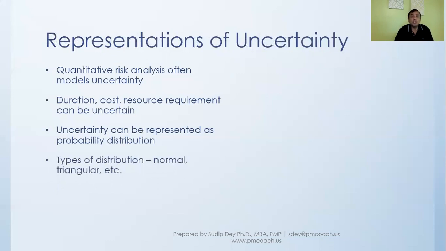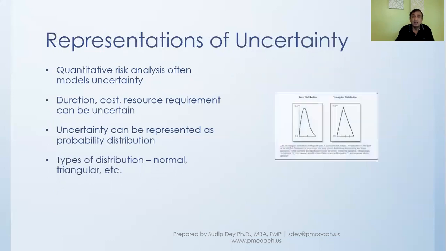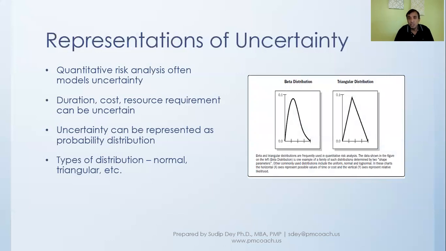The shape that we just saw was the normal distribution, but there are others like triangular, and beta distribution. These are different shapes of distribution that we will use when we are modeling the uncertainty, or looking at it as a probability distribution.